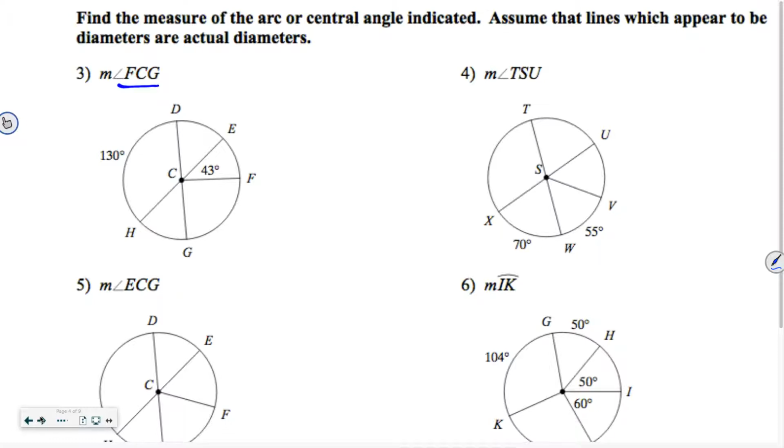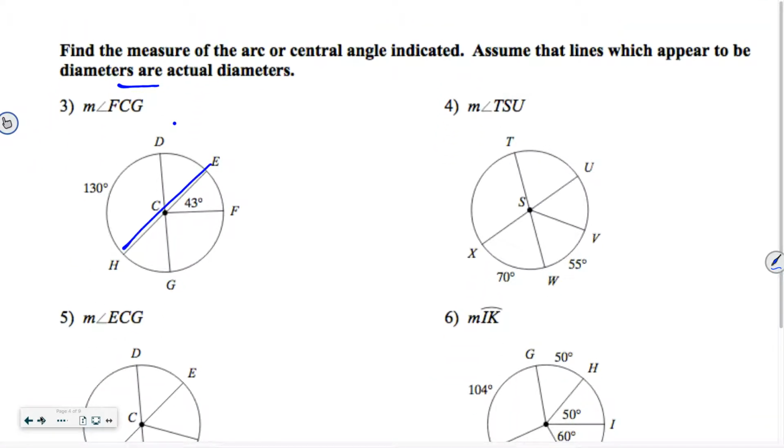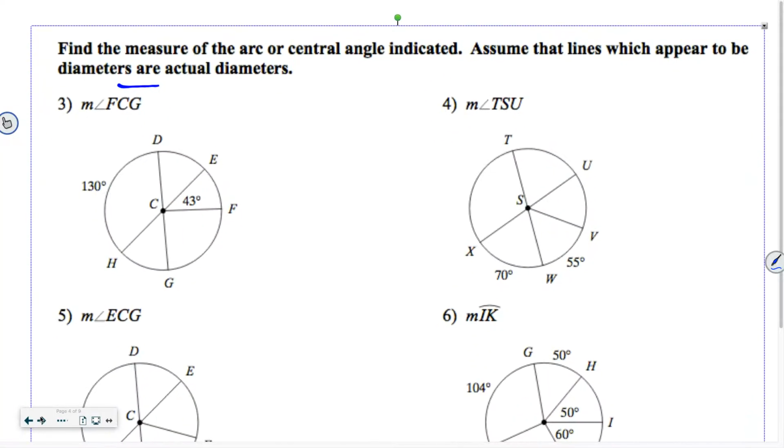So here they want me to find the measure of angle FCG. So FCG is this part of the circle. So they want me to figure out what is this arc or angle measure. Okay, so if I know this is a diameter, and I know this is a diameter, okay, if this is 43 degrees, then I can figure out the rest of this information here, okay?